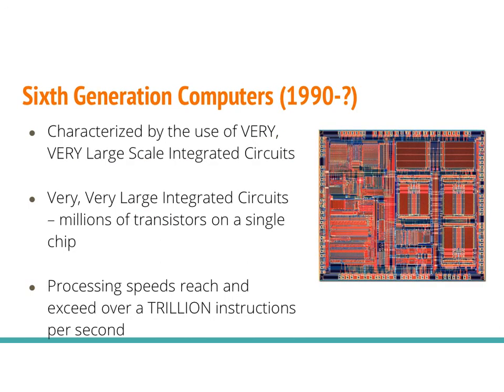Now finally, we've reached the sixth generation of computers, which we can start in the 1990s and say continues until now. Essentially what we've done since the 1990s is we've taken very, very large scale integrated circuits that contain millions of transistors on a single chip, and we're able to run trillions of instructions per second.